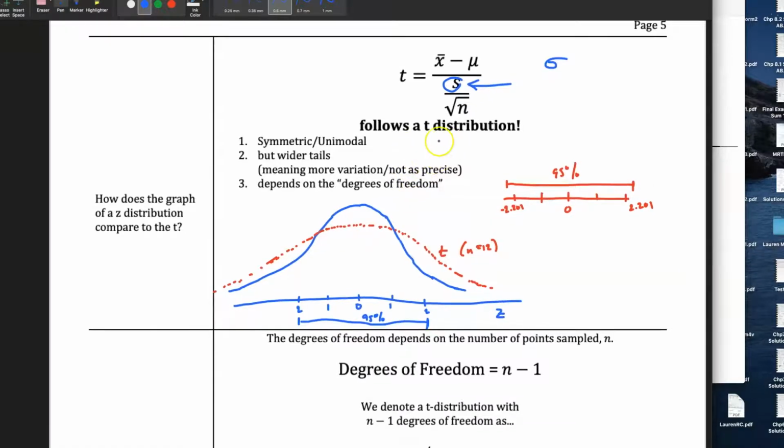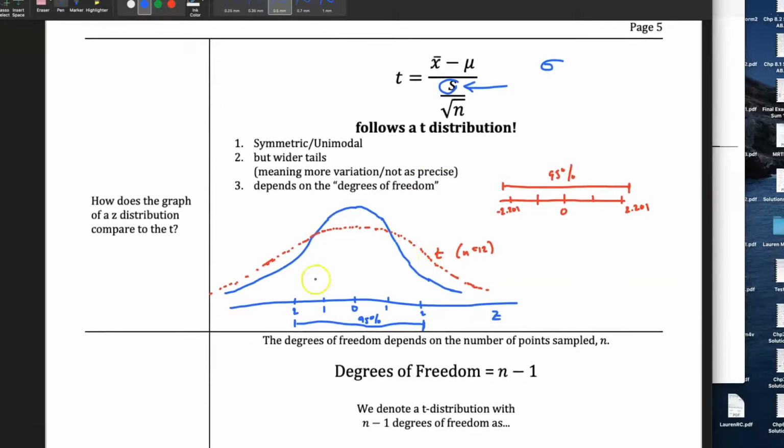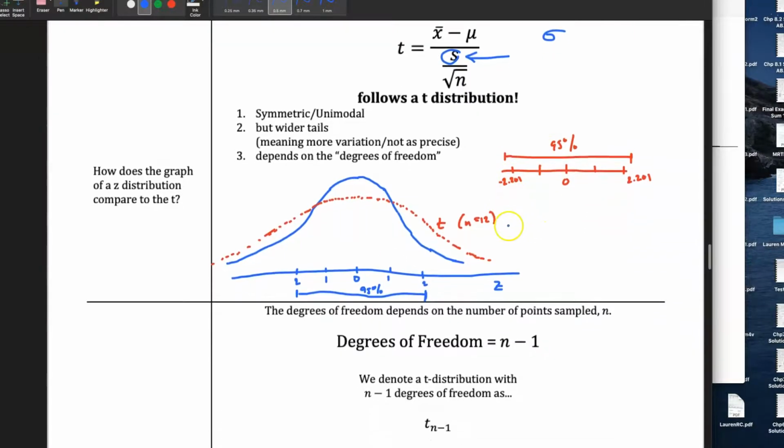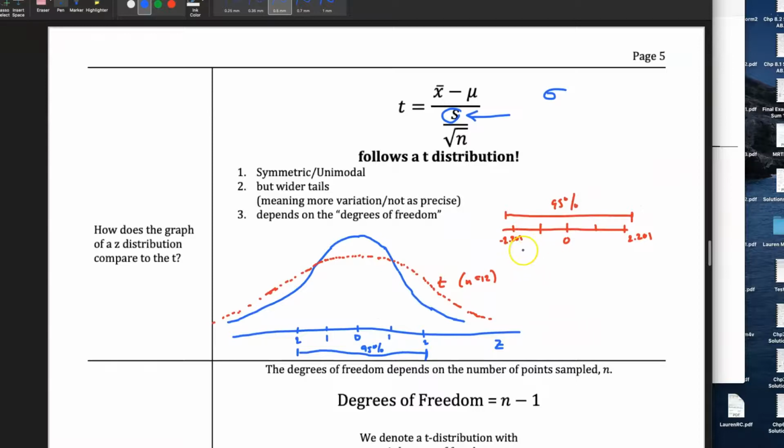It gets a little bit more technical about what the T distribution is. It has a normal look. It's symmetric, but its tails are a little bit wider, so that's why the critical values are a little bit different. And 95% of the values are not within two standard deviations as we learned before, but within 2.2 on a T distribution. This is for a sample size of 12.